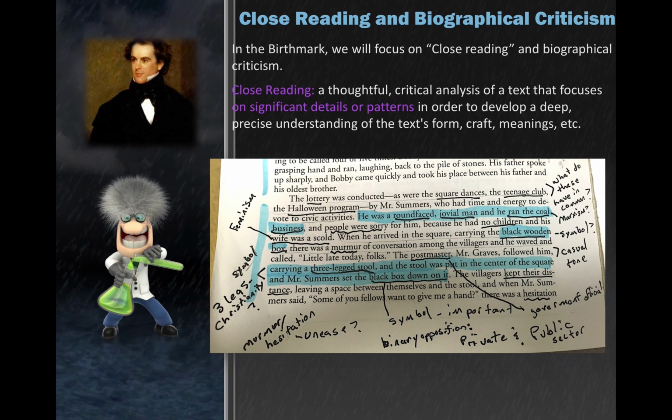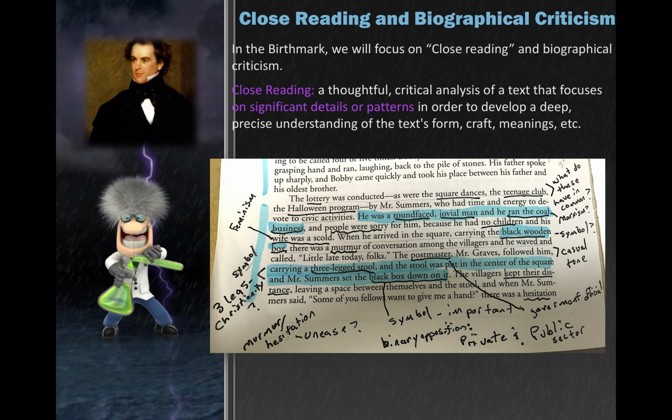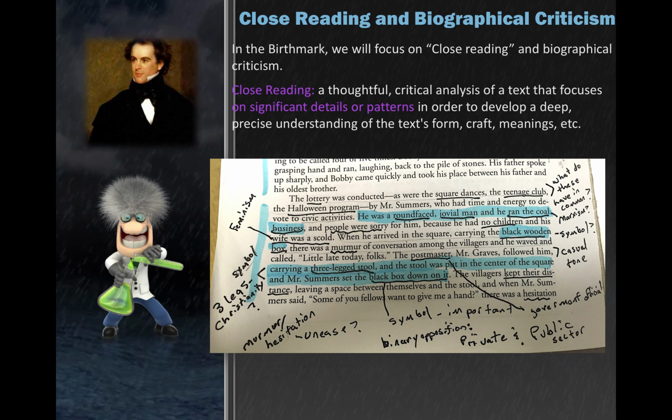You can see in the margins, I point out a symbol, I point out a theory. So this is from The Lottery, and his wife was a scold, right? I put, you might want to think about feminism when you're talking about a wife being a scold, right?